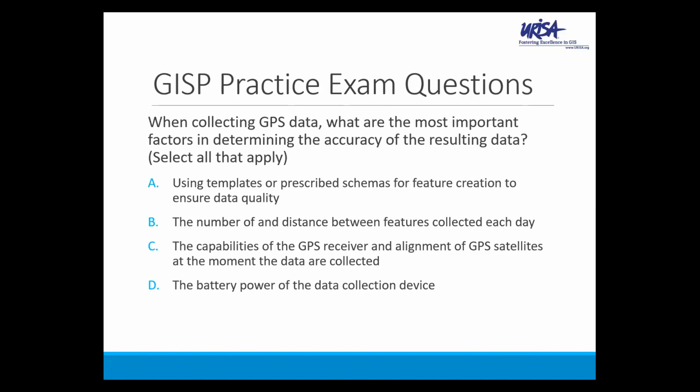The capabilities of the GPS receiver and alignment of the GPS satellites at the moment the data are collected, that would probably be the single most important characteristic. The battery power of the data collection device, probably not quite as important. Most GPS receivers are designed to maximize the power and to basically stop when there's insufficient power.